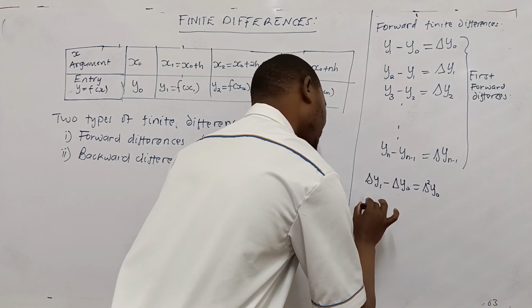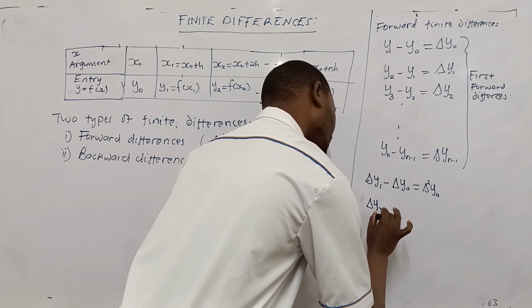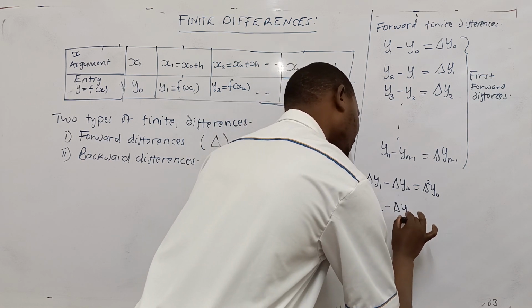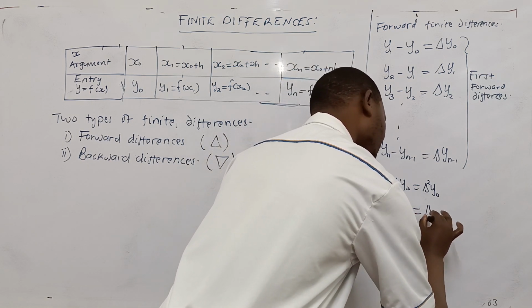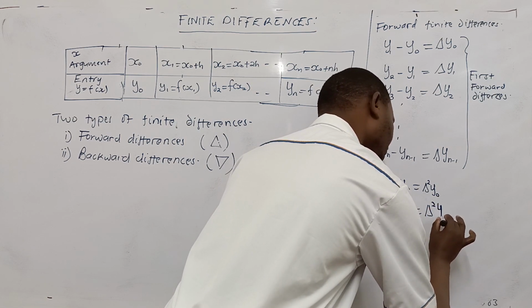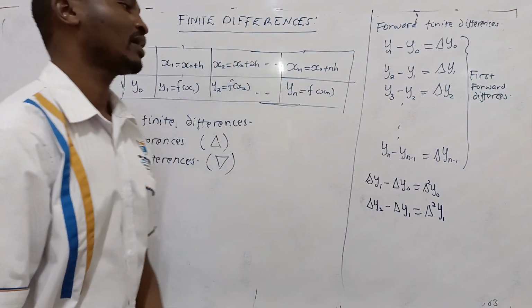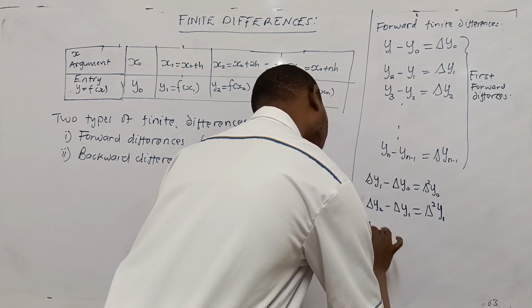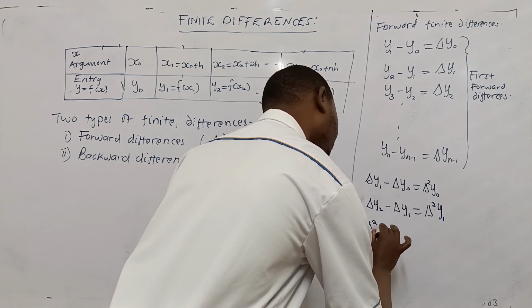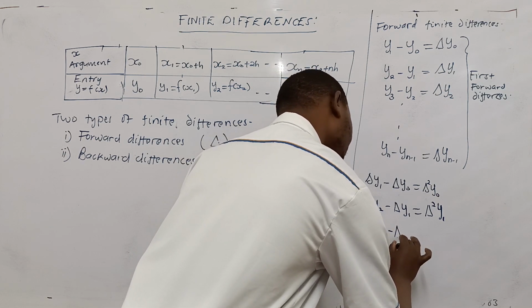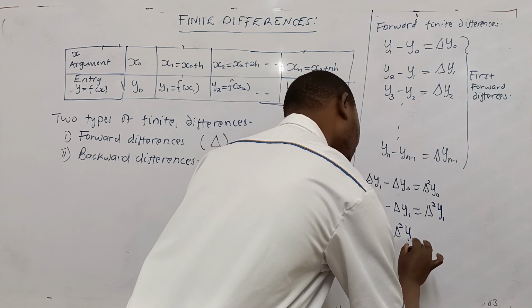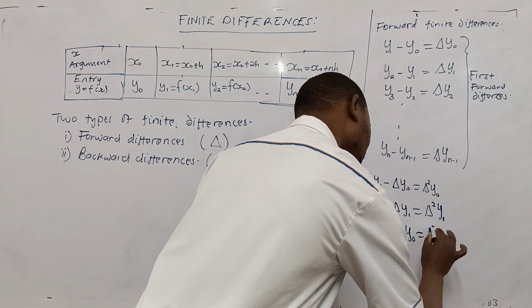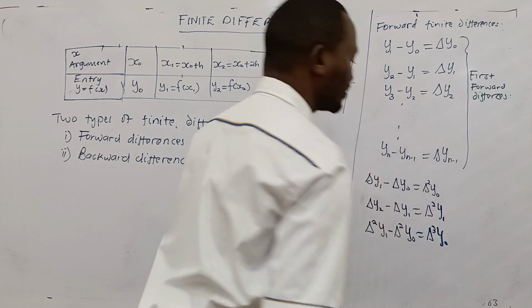If we take the first forward difference of y2 minus the first forward difference of y1, it will give us the second forward difference of y1. And again, if we take the second forward difference of y1 minus the second forward difference of y0, it will give us the third forward difference of y0.